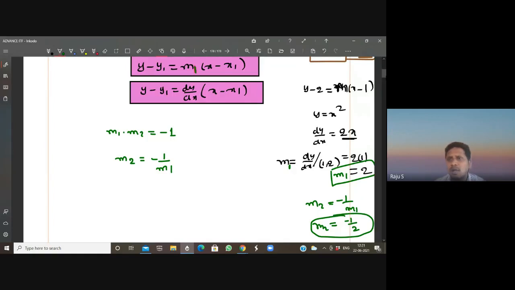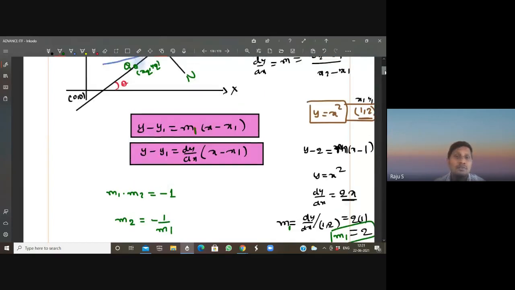So what we can remember here: when the slope of the tangent is k, the slope of the normal is -1 by k. If the slope of the tangent is 100, the slope of the normal is -1 by 100. If the slope of the normal is 1000, the slope of the tangent is -1 by 1000.